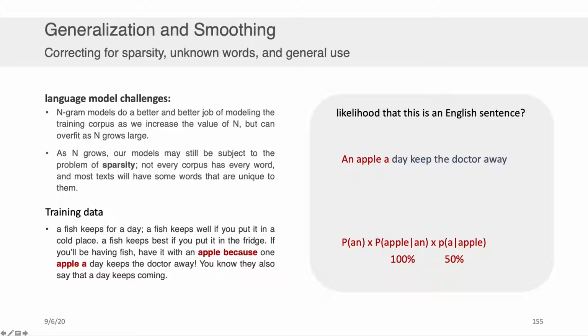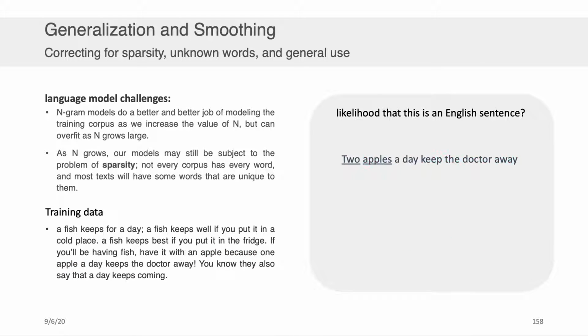Because it could either be because or it could be a. And you could sort of continue doing this all the way down the line, and you could generate a probability that says the likelihood that this sentence is an English sentence according to some very basic language model that we developed.